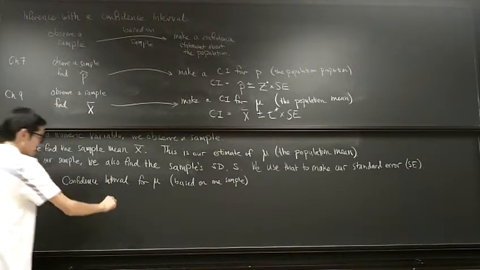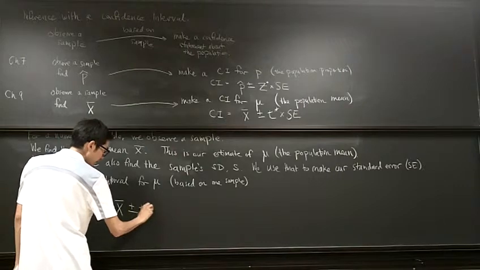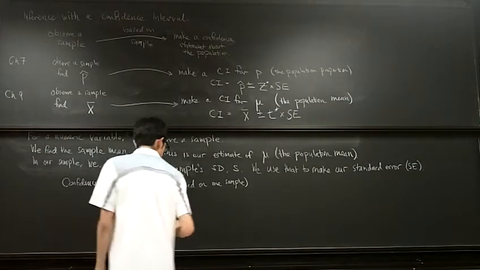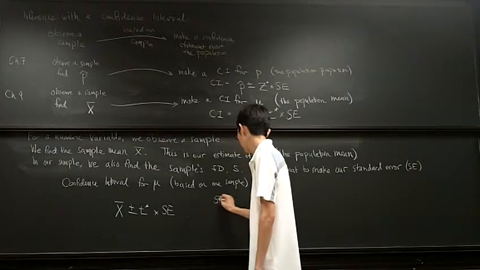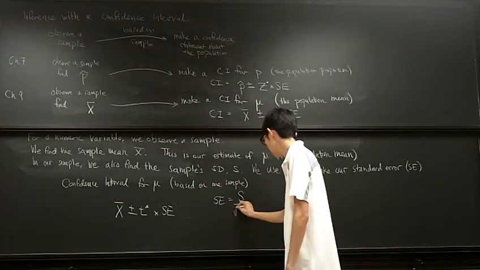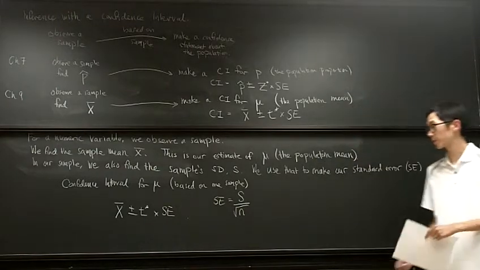It's X bar plus or minus t star times our standard error, and the standard error is equal to the standard deviation S divided by the square root of n, the square root of our sample size.